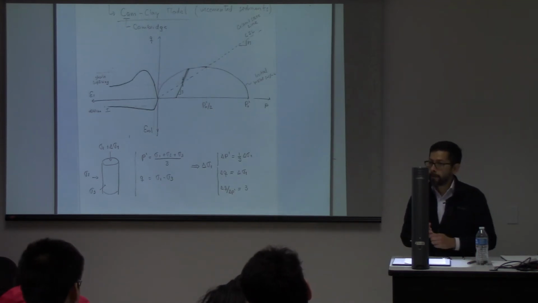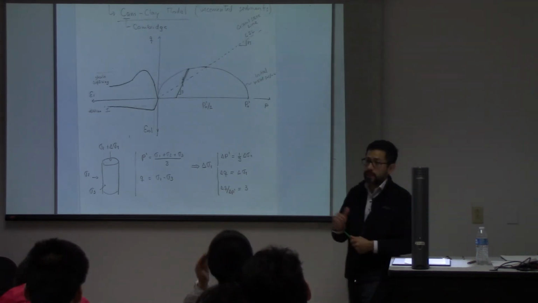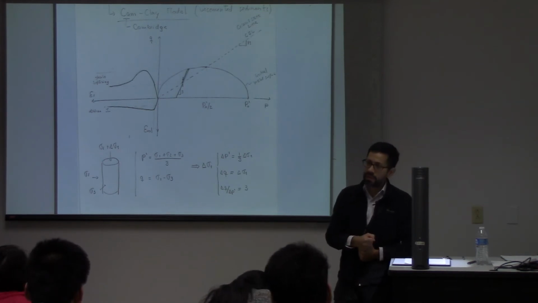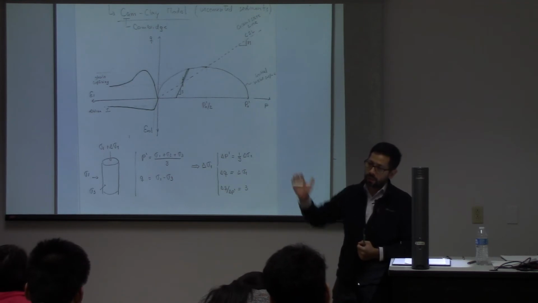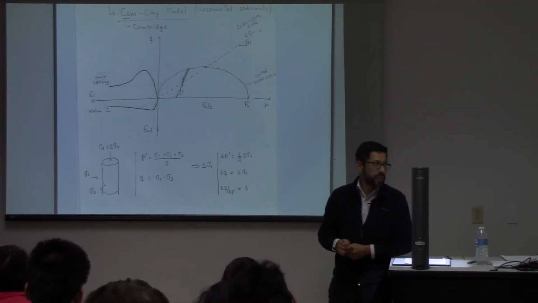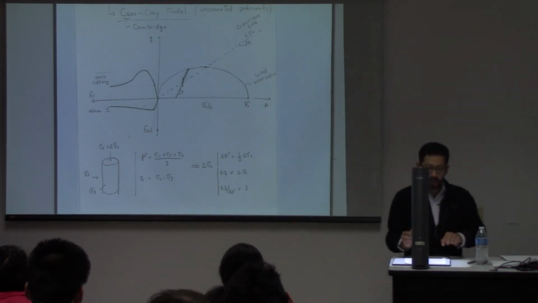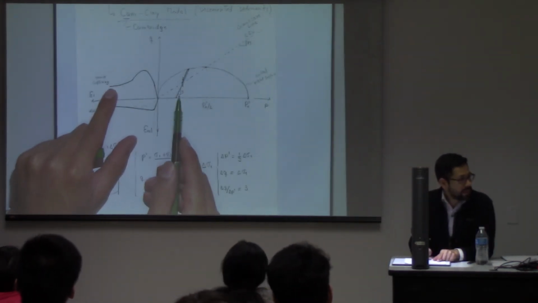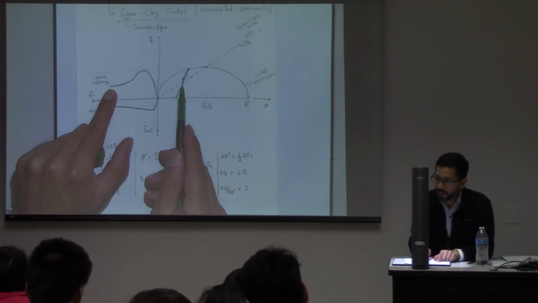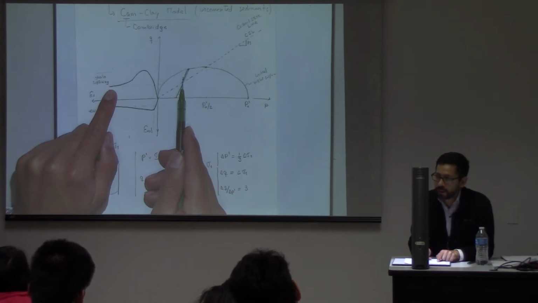So probably you have seen materials like this already, and this is typically sometimes the case also of a cemented material. It goes over a peak, and then it might have some what is called residual strength. Notice that the material comes back to this point where the stress path hits the critical state line.